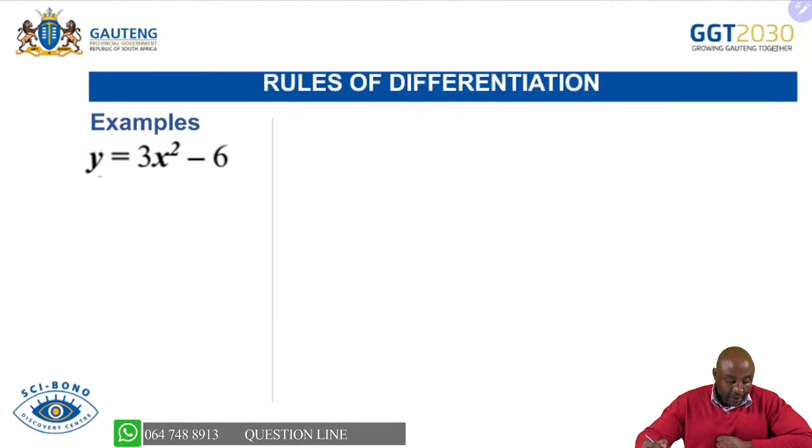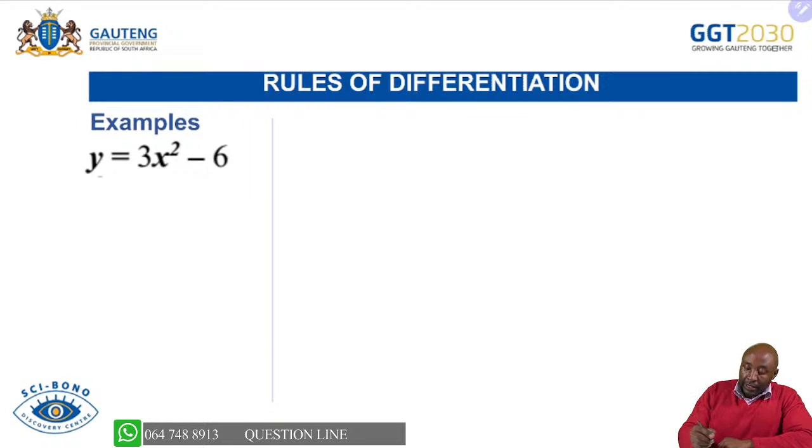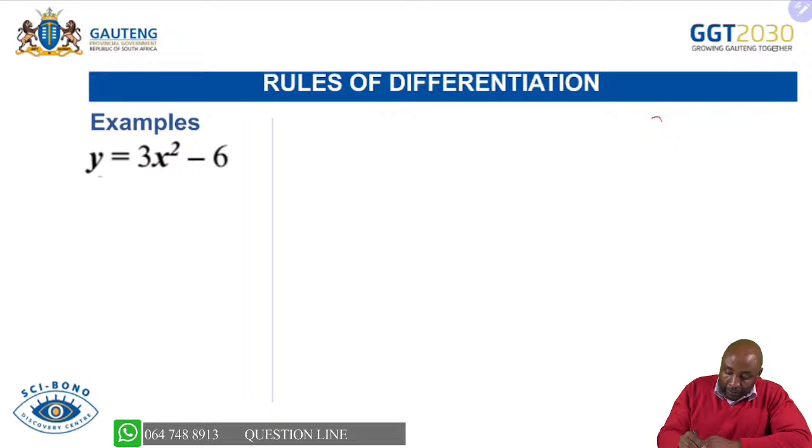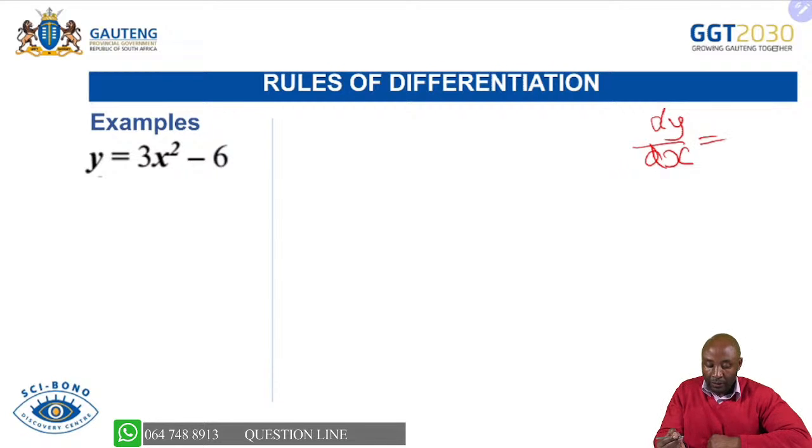Right. This example is a straightforward one. We have y is equal to 3x squared minus 6. Remember the notation I talked about? So, for us to evaluate the derivative, because our function is in terms of y, we are going to first of all write dy/dx. Then we apply the rule.